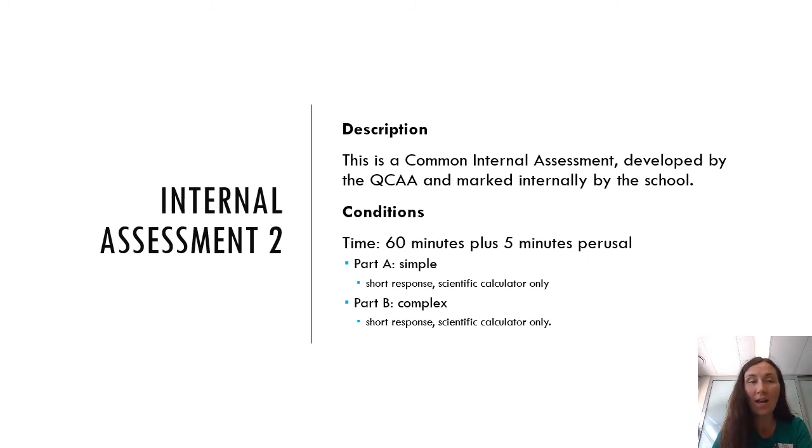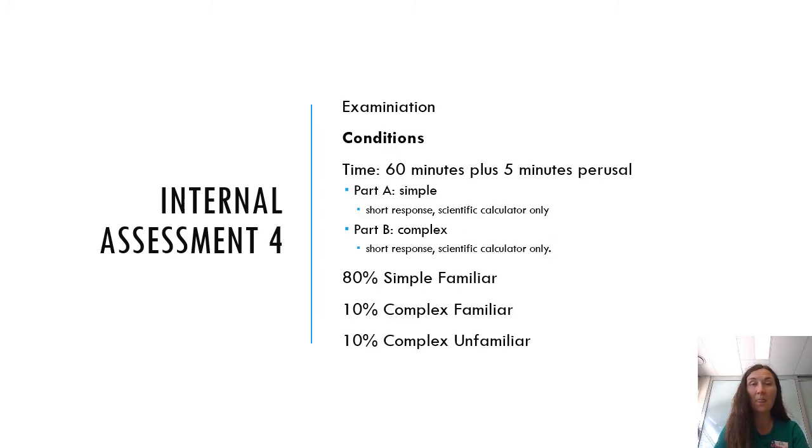You also have an internal assessment, which is a common internal assessment. It's not written by your teacher, it is written by an external organization, but we still mark it internally at the school. It's only an hour exam with 5 minutes perusal, so there are some simple and complex questions like you'd see in your exam structures right now.